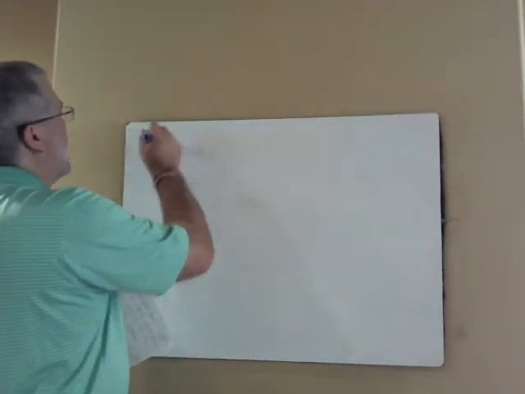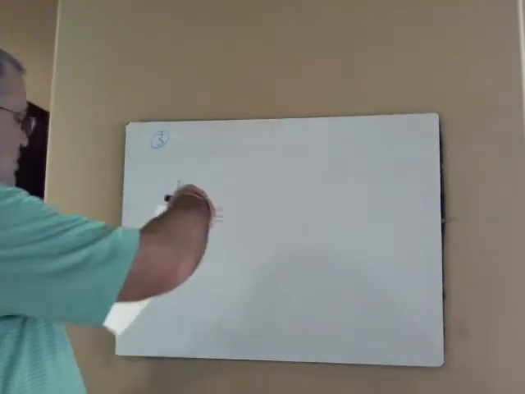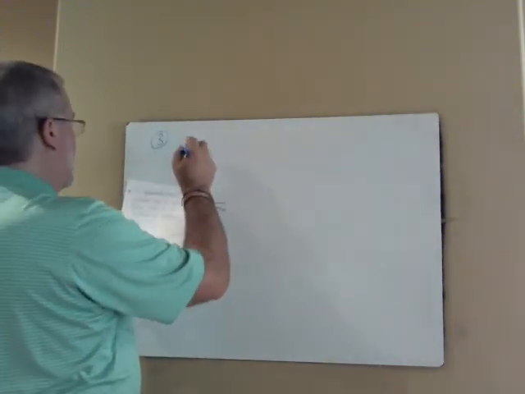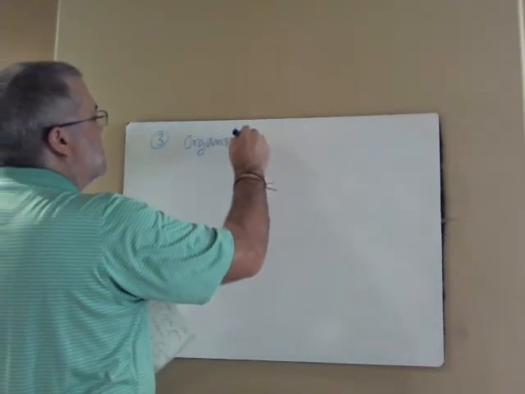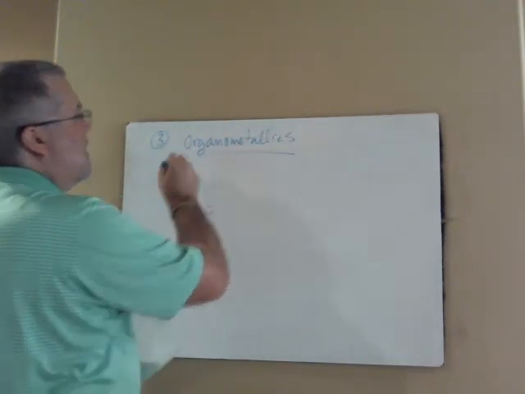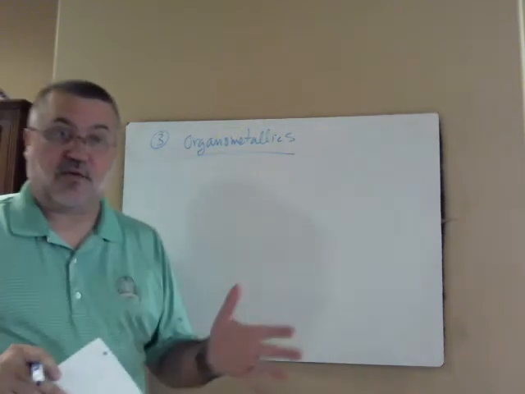All right, next reaction we can have on nitriles is again something that I don't think we have touched on yet, and that is organometallics. And so this is like your Grignard reagent.